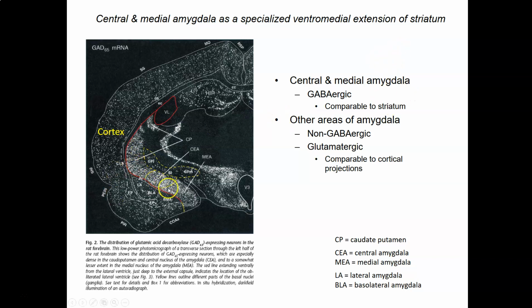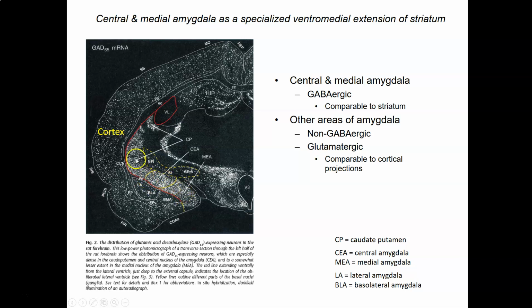So this is looking at a particular enzyme that makes GABA, glutamic acid decarboxylase. And in this part of the amygdala, that is the central amygdala and the medial amygdala, in the rat amygdala, you see a lot of this, okay? This is the caudate putamen, and notice it's sort of an extension into the amygdala.